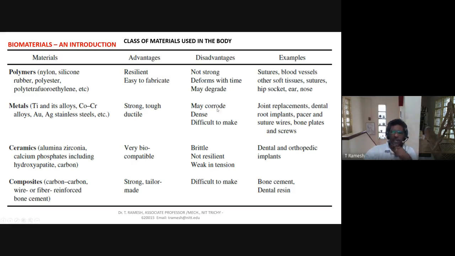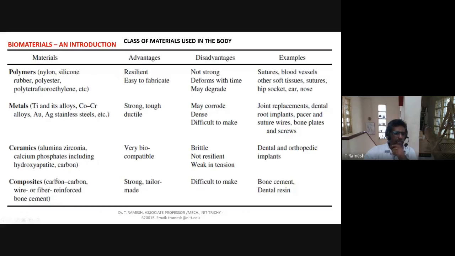But they are brittle in nature, not resilient, and weak in tension. Those are the limitations of such materials. As examples, dentistry has used ceramic materials exhaustively, and orthopedic implants have used ceramics as a material for replacing damaged or broken orthopedic implants.